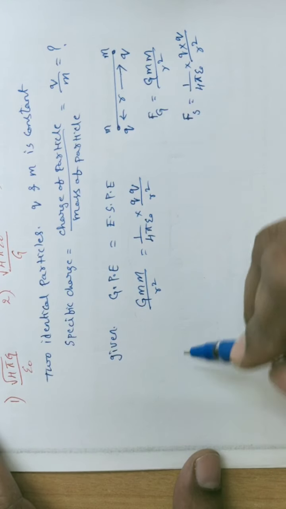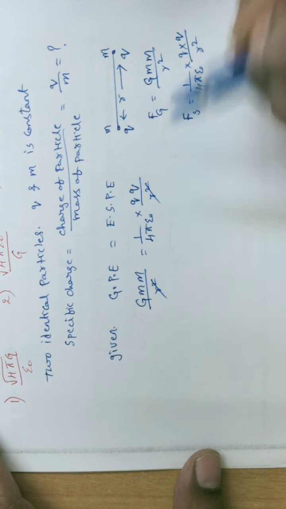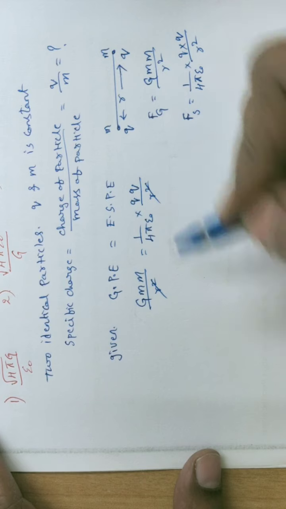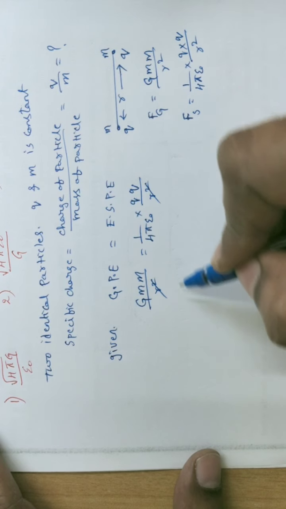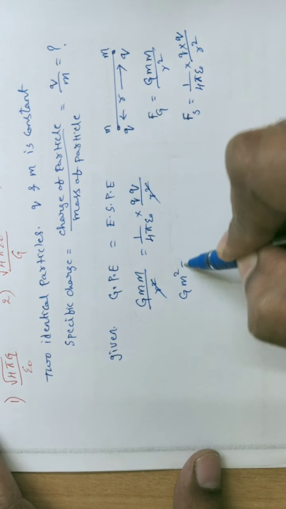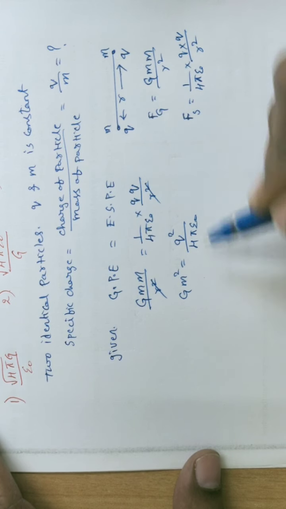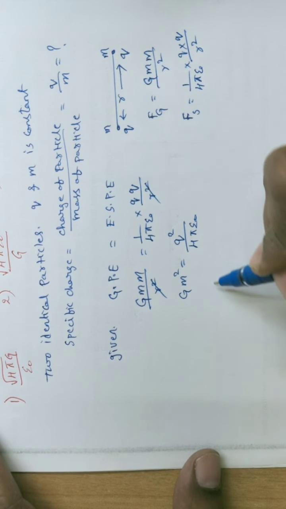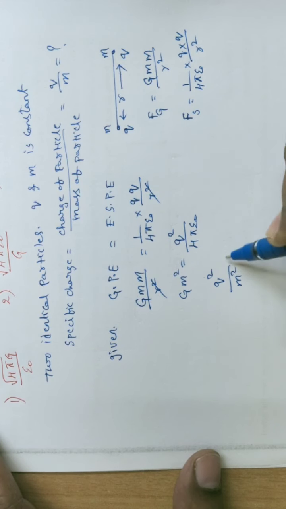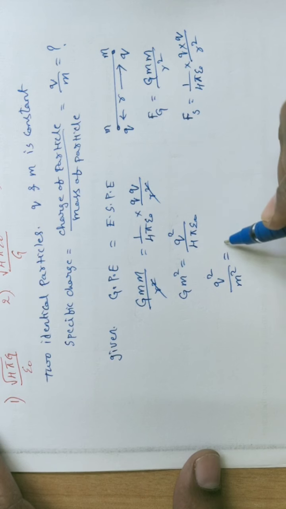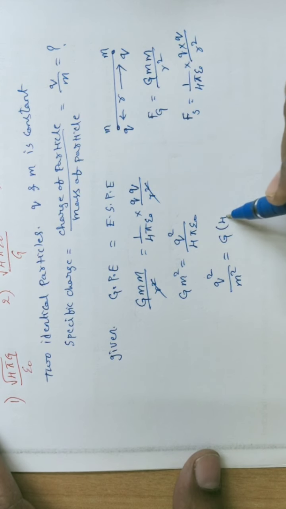Now observe carefully, r square and r square cancel. So G m square is equal to q square divided by 4 pi epsilon naught, and we can write q square divided by m square equal to G into 4 pi epsilon naught.